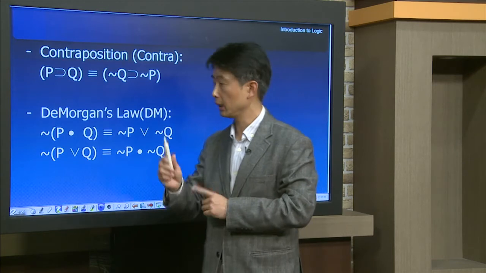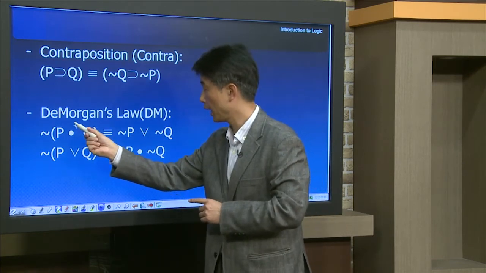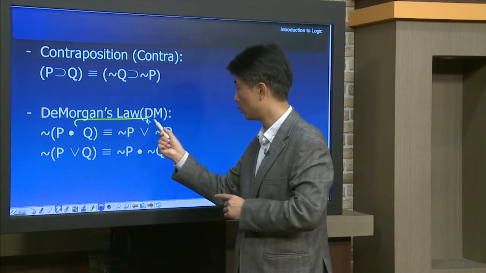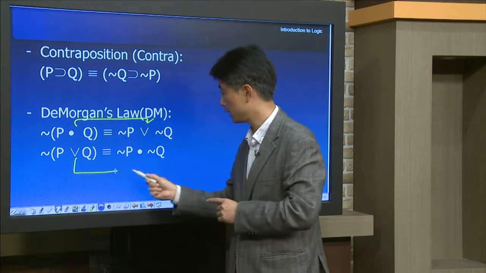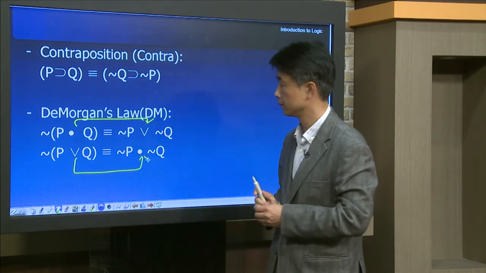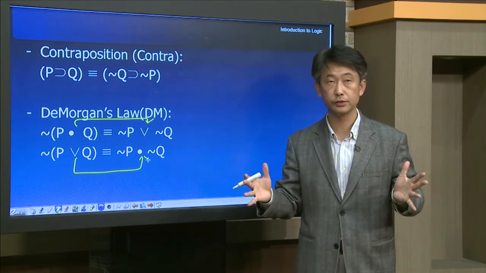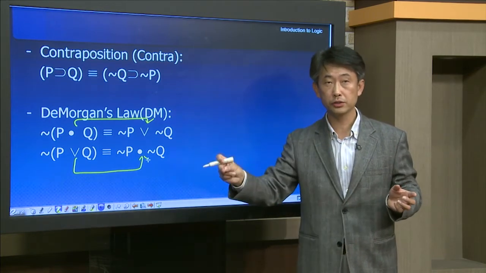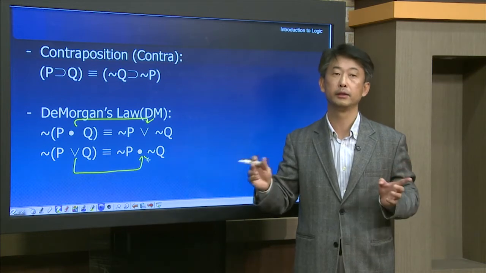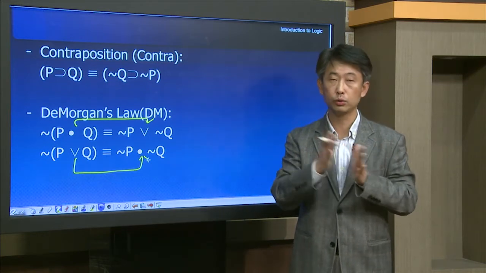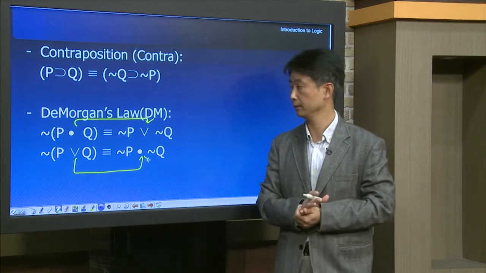But remember that in De Morgan's law, the and sign changes to or, and or changes to and. So when you remove the parentheses, you distribute the negation sign to each of them, but have to change and to or, and or to and.